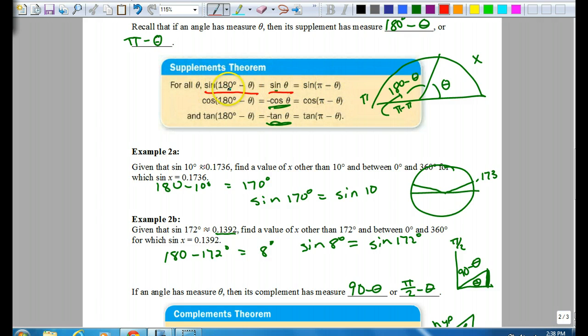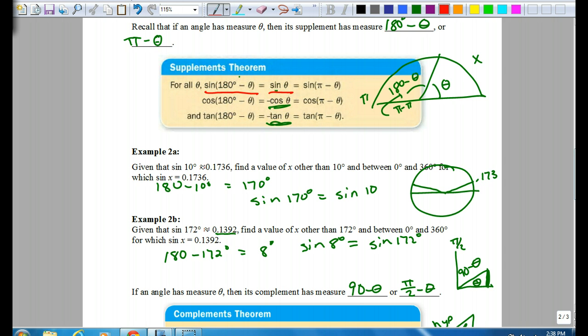Right. So in this case, we took 180 minus theta, which is 150. So that way they're both equal. We already knew sine 30. Okay? So 180 minus 30 is 150. So that we know that those two angles happen to be equal to each other because of the supplements theorem.